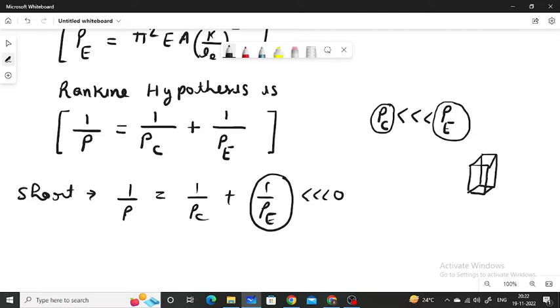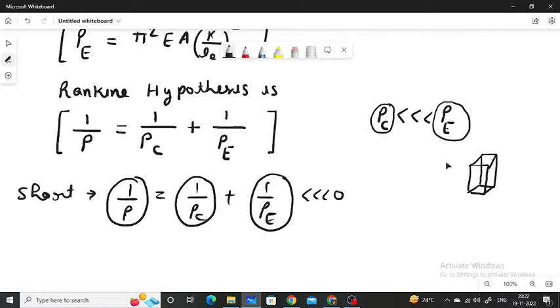Hence, the failure in the column will be due to the crushing load, because the column is a short column.